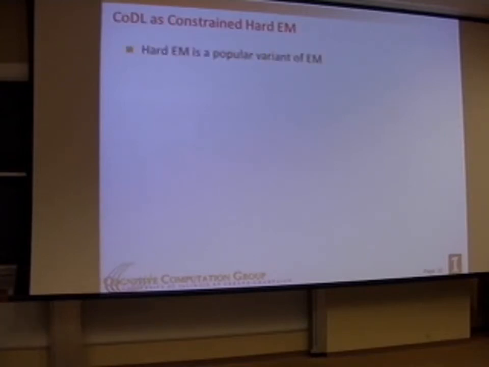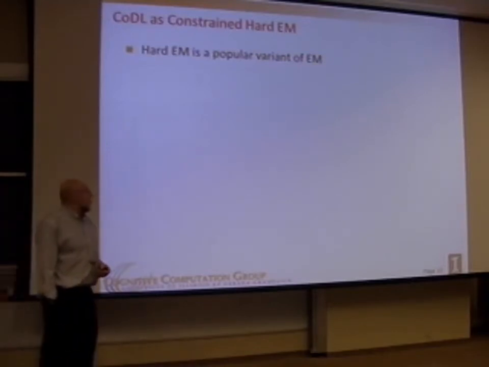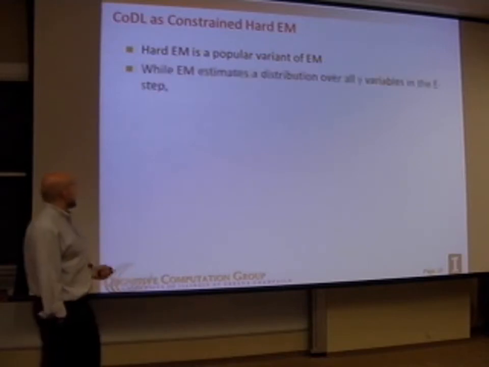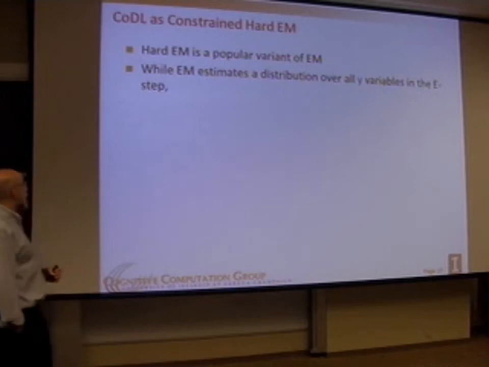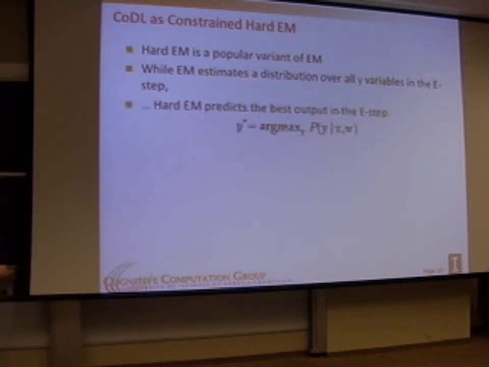So one way to think about this model is really thinking about it as an EM algorithm. So really, you can think about it as hard EM, which is one of the more popular variants of EM. While EM estimates the distribution over all y variables in the E step, in hard EM we basically predict the best output.